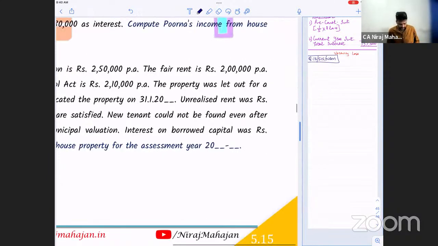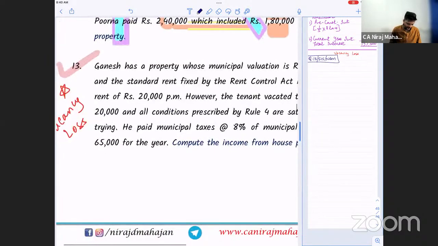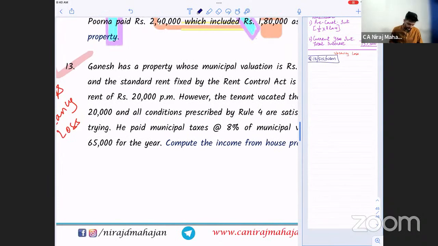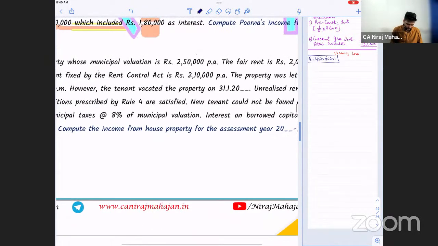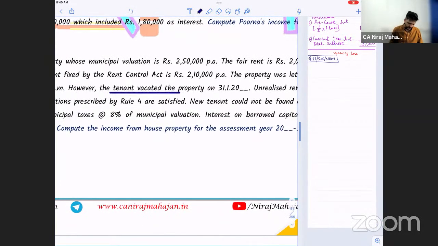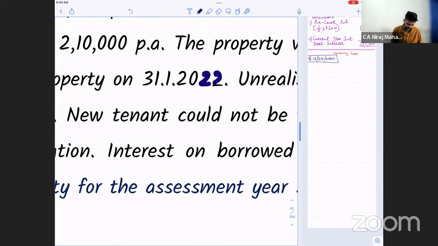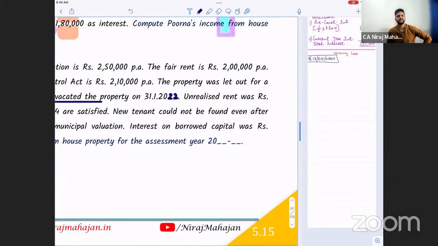The property was let out. Now pay attention. The property was let out for rent of 20,000 rupees per month. No problem. However, the tenant vacated the property on 31st January 22. Whenever there is a fill in the blanks, it is for the current financial year. Clear till here? That means he occupied from which month to which month?